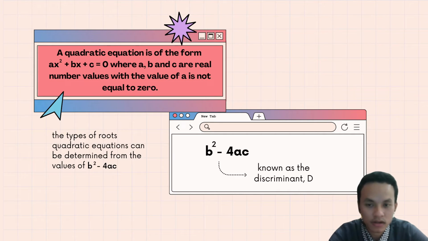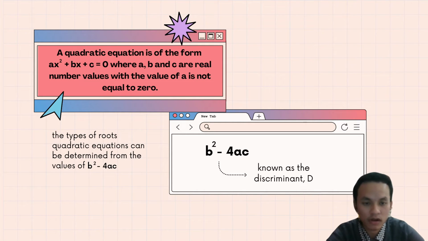D is called a discriminant because it discriminates the value of the quadratic equation based on its sign. The discriminant is used to find the nature or the types of roots of a quadratic equation. The discriminant is also known as D.